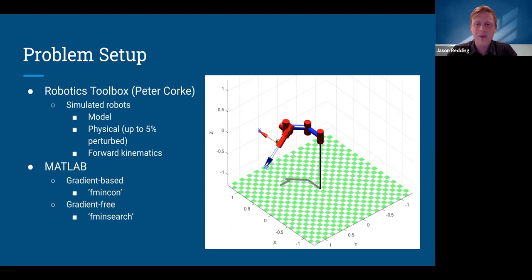For example, we would have one model robot using the estimated DH parameters and one physical robot, which we derived by taking the model values and perturbing them up to 5%, and then calculating the error in the pose. We would use our optimization algorithm to adjust the model parameters until they match the physical parameters, which is what we would want to do in real life with data. Using the MATLAB platform, we had access to fmincon and fminsearch functions, which could provide us the basis for gradient-based and gradient-free optimization algorithms.